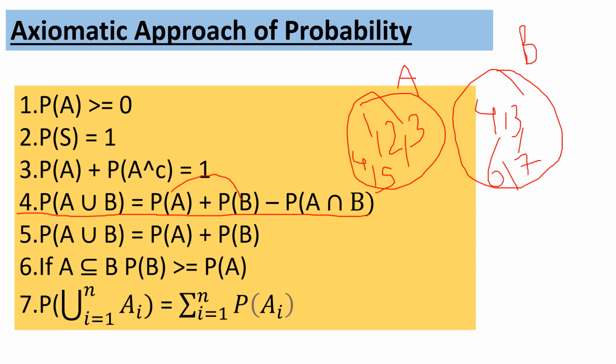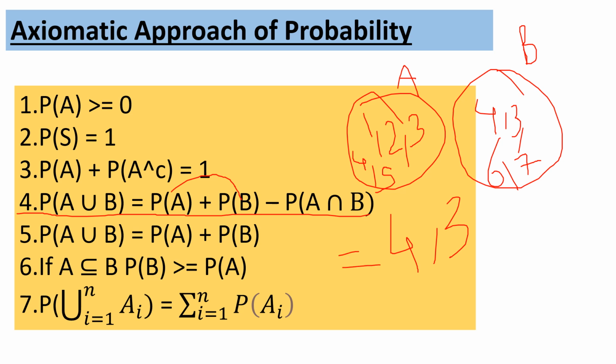Here, look, some elements of A are in B, which are nothing but intersecting points. There are common points in A and B. What are the common points in A and B? Which are nothing but 4 and 3. Therefore 4 and 3 are the common points.